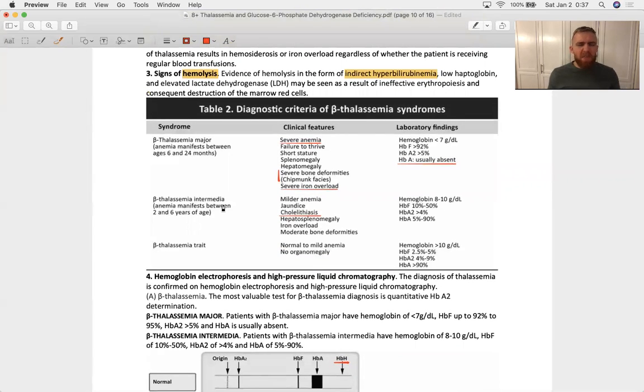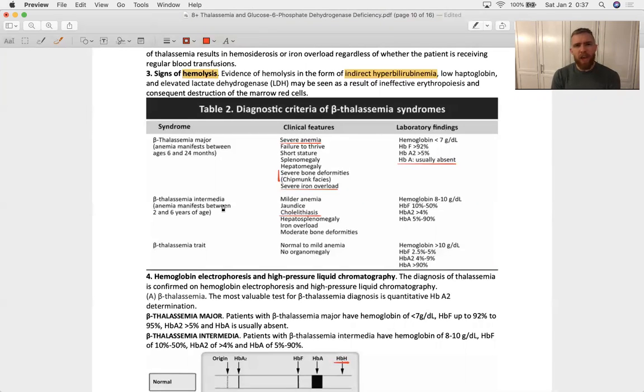Perhaps the patient's got a hemolytic anemia because we discussed inclusion bodies leading to splenic sequestration of red blood cells, and then they take them off to the side and they take them out. And so when that happens, you spill a little bit of bilirubin into the blood. So you get an indirect hyperbilirubinemia.